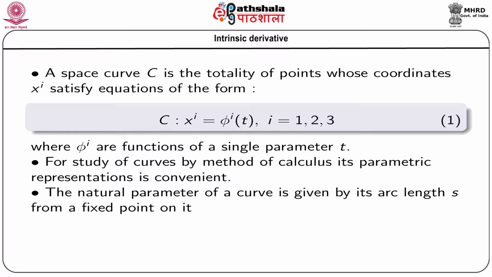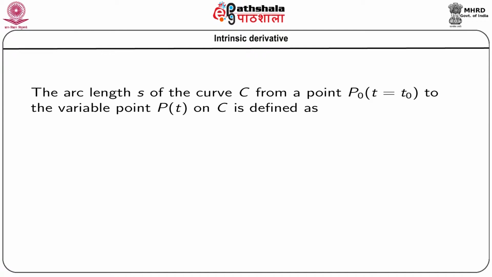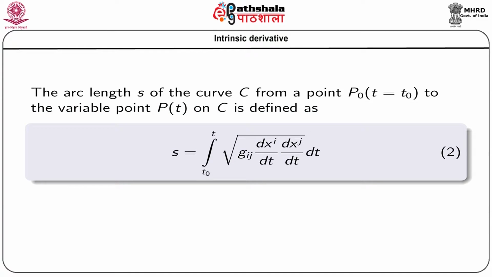So, we can define arc length in this way: arc length from a point p0 to a variable point p on C is defined by this integration, s equals integral from t0 to t of the square root of gij dxi/dt dxj/dt dt.